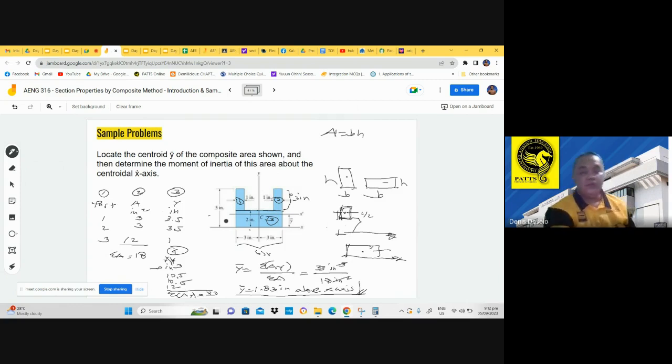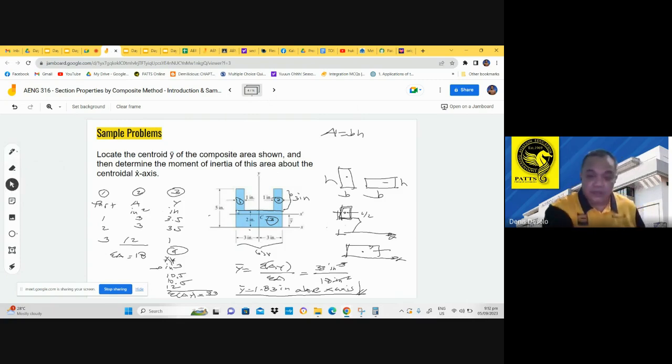What will happen to the solution of the centroid? What will happen to the solution of the composite inertia about the centroidal x or y-axis? So solving this problem using that alternative solution can definitely be used when you're solving hollowed areas. Okay. So how do I do that?